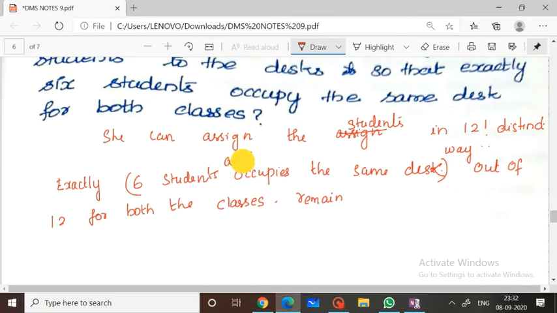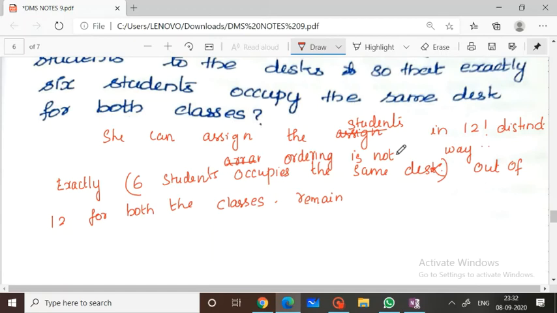arranging the objects. The particular ordering is not mentioned here. For 6 students occupying the same desk, ordering is not mentioned in this case, so ordering is not important. Also, 6 students must occupy the same desk only; it is not mentioned that they have to occupy the same position.